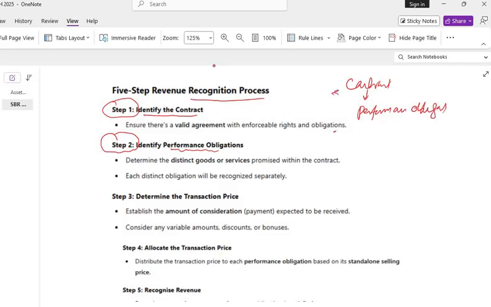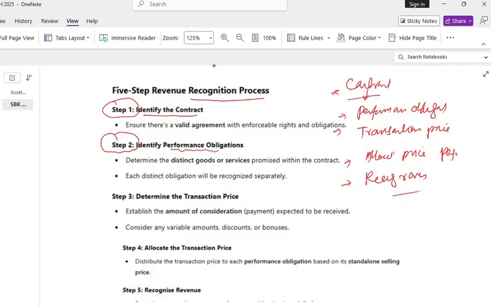Then you will check the transaction price, what the transaction price is, and then allocate that transaction price to the performance obligations, and at the end you would recognize the revenue. So this is the 5 steps.